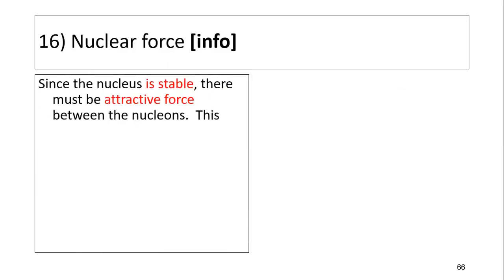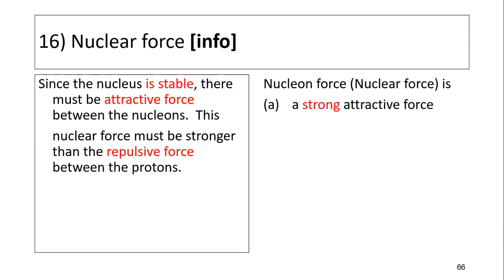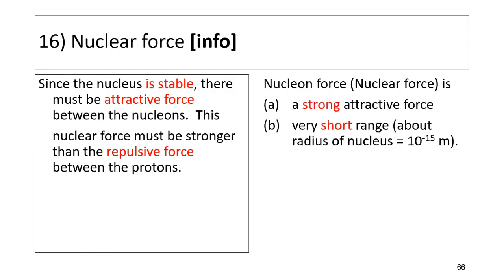So we introduce the idea of an attractive force, the nuclear force. Since the nucleus is stable, there is an attractive force between the nucleons. This nuclear force must be stronger than the repulsive force between protons. We can call it nucleon force or nuclear force. It's a strong attractive force, short range, that means it's within the nucleus and slightly outside the nucleus.